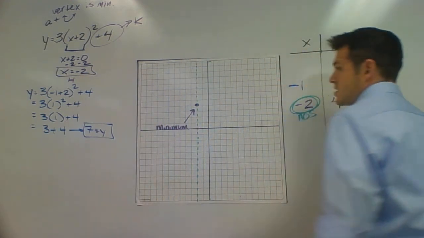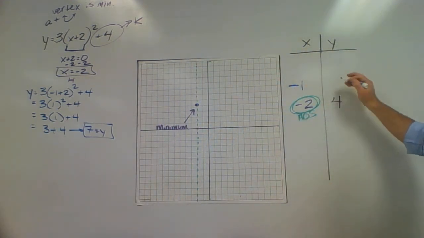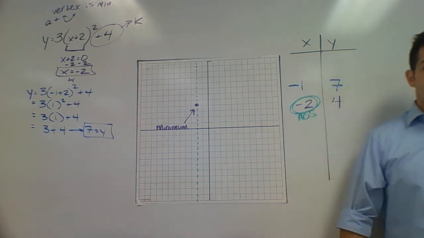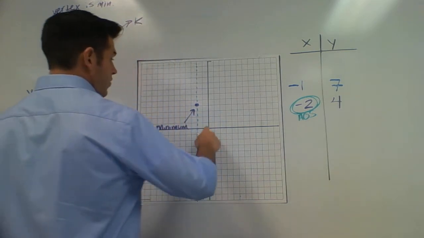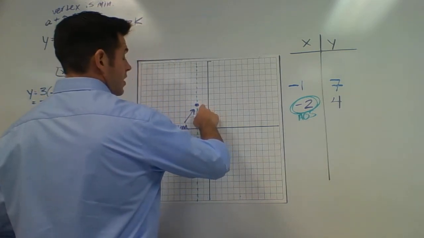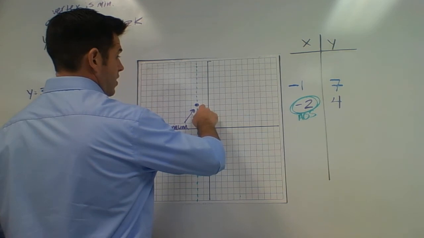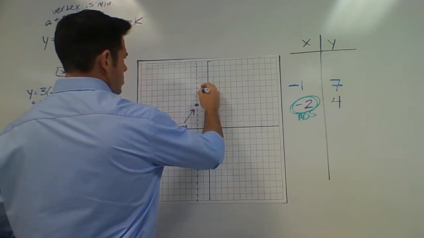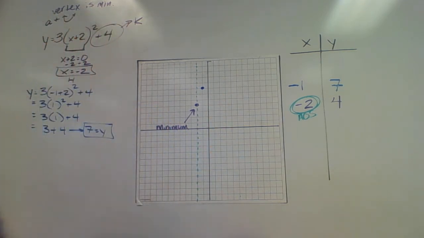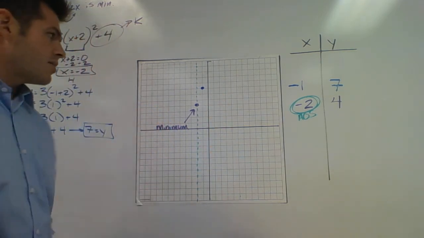So a y value of 7 when my x value is -1. I'll put that on the chart here. We have -1 comma 7. There's 4, 5, 6, 7. There's a good spot right there for us on this table of values and on this parabola.